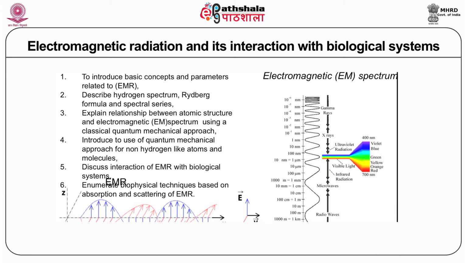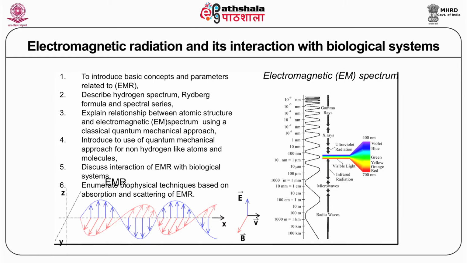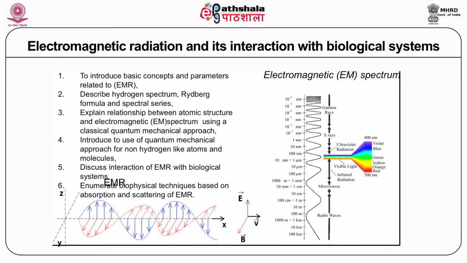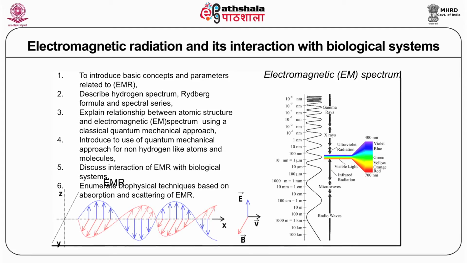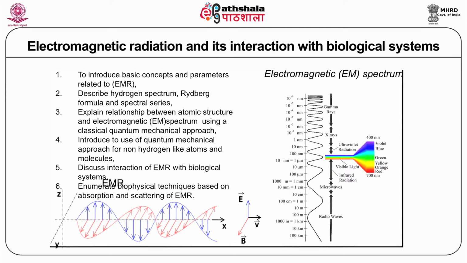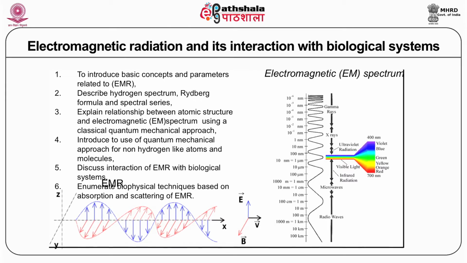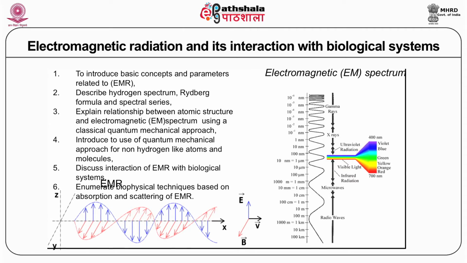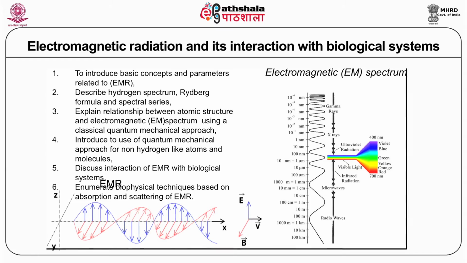However, it is important when you are studying the interaction of electromagnetic radiation with biological molecules. So this has a different kind of approach to understand the molecular structure level. Some amount of basics will be a kind of repetition, and nevertheless it is meant to understand the polymer structure, that is, proteins and nucleic acids.